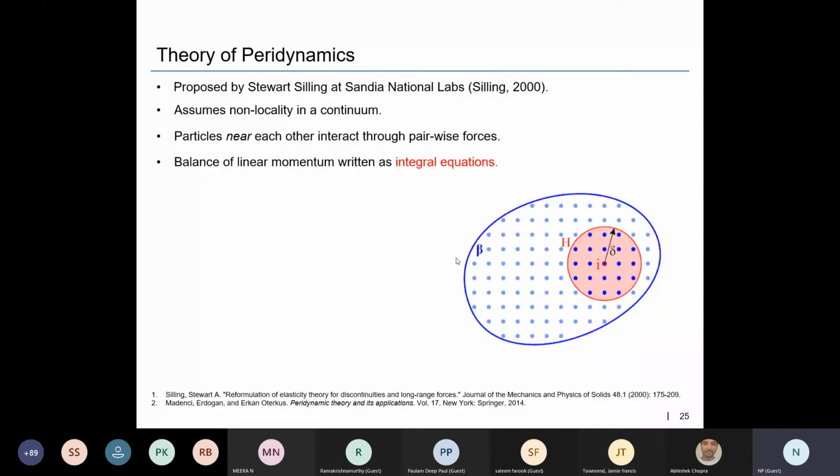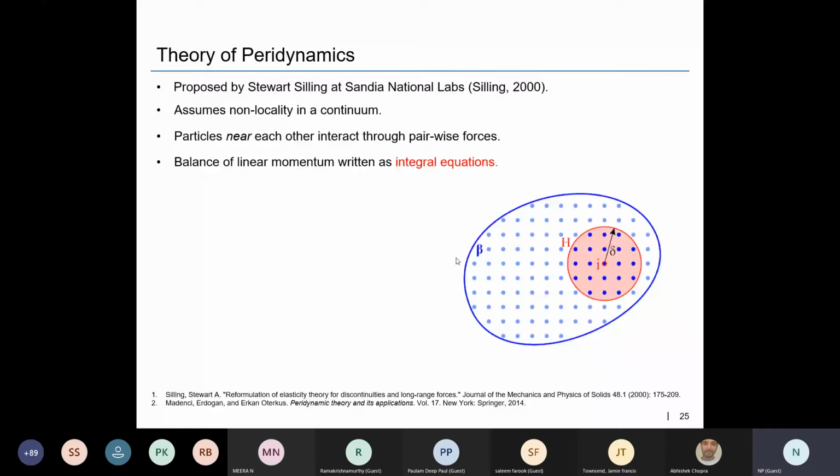The main basis of the theory is that it assumes non-locality in a continuum as opposed to just local interactions. So it assumes that infinitesimal particles near each other can interact through some forces. They don't need to be just nearest neighbors to interact. They can interact over finite distances.